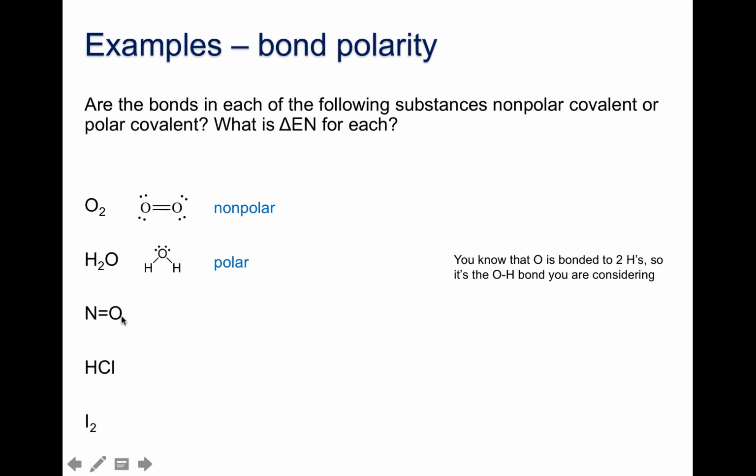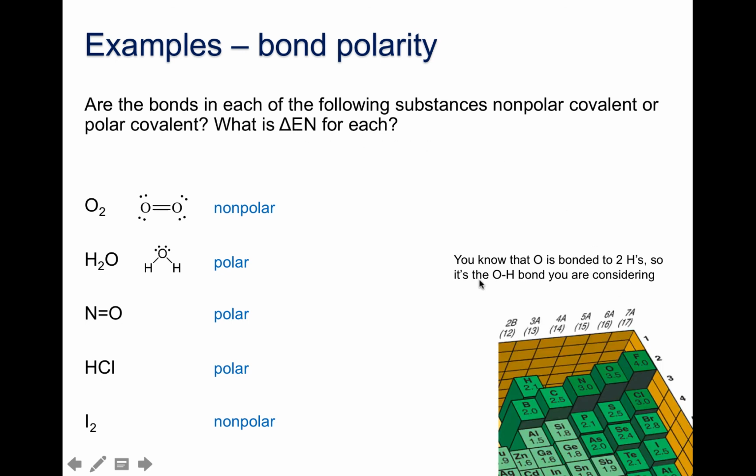The fact that they're different elements and they have different electronegativities would suggest that this is a polar covalent compound. HCl we went over in the last example, hydrogen and chlorine have different electronegativities, so it would be polar. And for the molecule I2, the two iodines are equal in electronegativity, so they would share equally, meaning it's nonpolar.